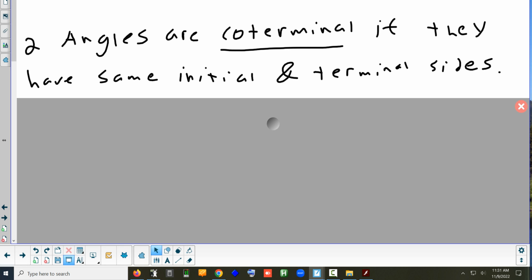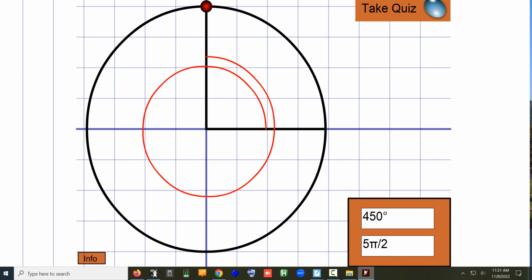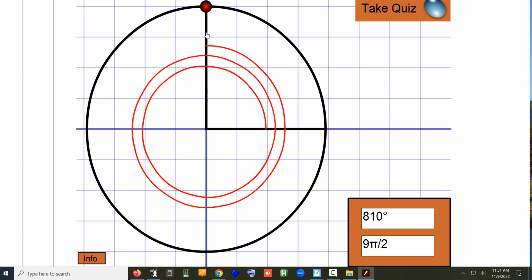There's an infinite amount of coterminal angles for any given angle. What do you think the pattern is if I wanted to get the next positive angle that's coterminal with 450? You add 360. You get 810. That's the next positive angle that is coterminal with 450.